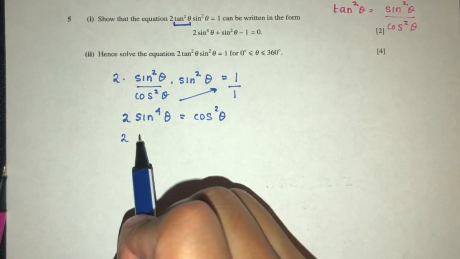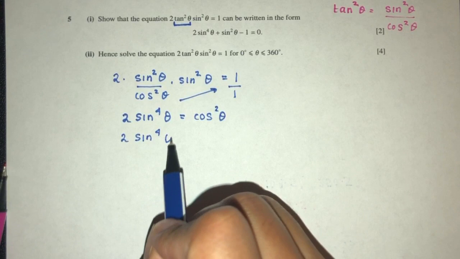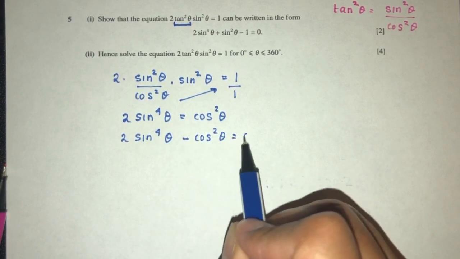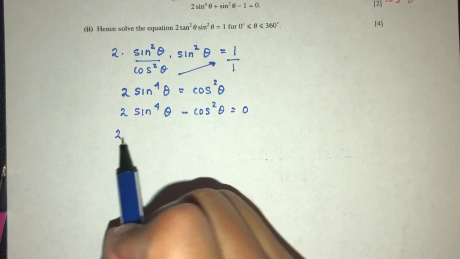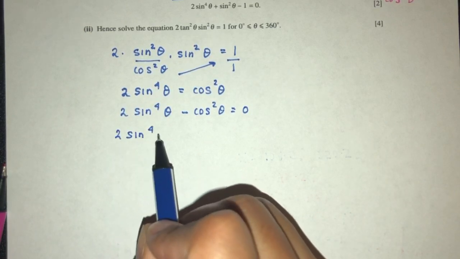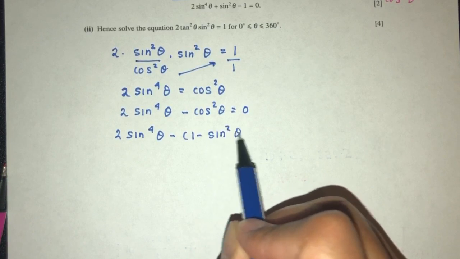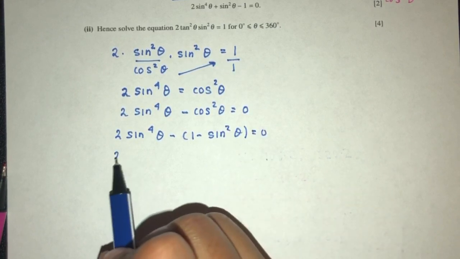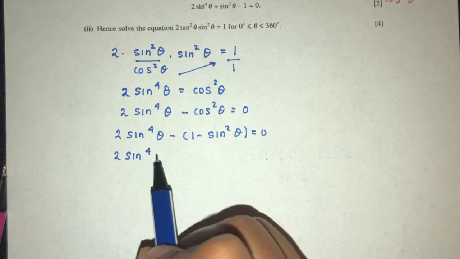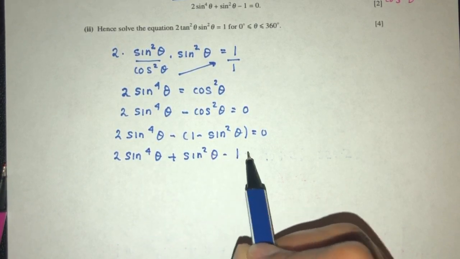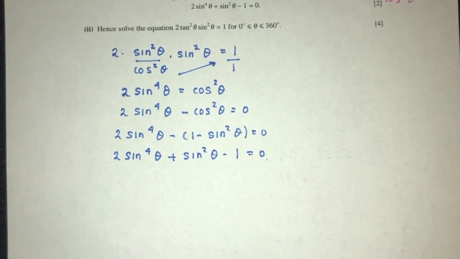You will have 2, that will be minus this is equal to 0. Now simplify. 1 minus this and 2, that should be exactly shown as required. That is part 1 of your question.